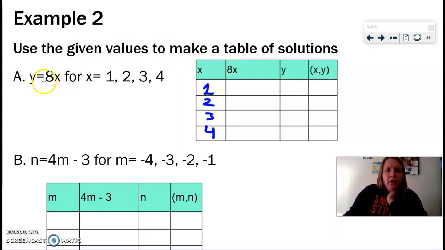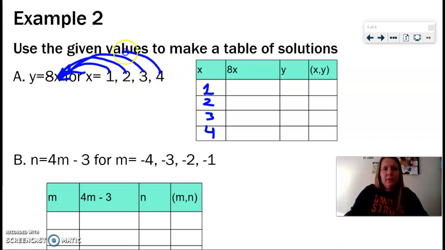The equation goes as 8x. So what I'm doing is I'm really just doing a big substitution problem. I'm going to substitute in 1 for x, then 2 for x, then 3 for x, then 4 for x. So on this category, I'm just going to show that work. 8 times 1, 8 times 2, because it's 8x, 8 times 3, 8 times 4.